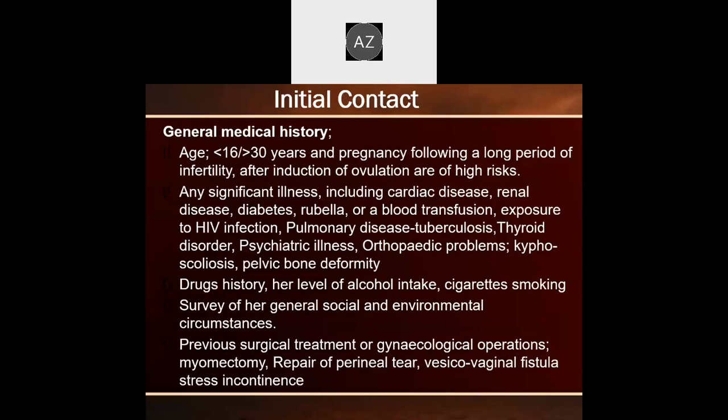You need to take a drug history, know the level of alcohol intake and cigarette smoking, and survey her general social and environmental circumstances, previous surgical treatment, and gynecological operations. All this history is taken at the initial contact. Of course, the patient's biodata is very important to identify whether you're dealing with a high-risk patient or not.